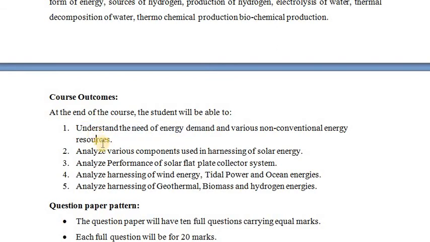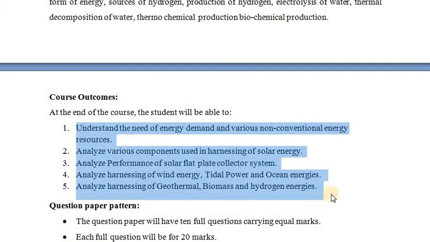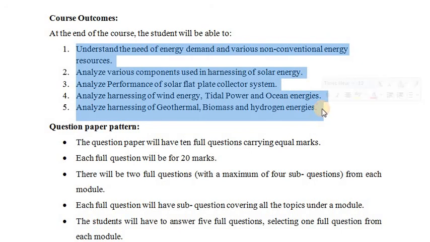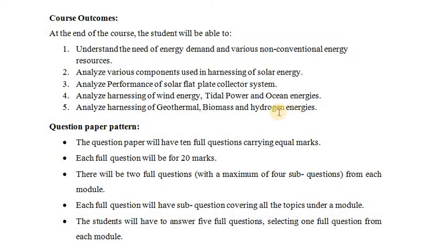Next, analyze the various components used for harnessing solar energy, analyze the performance of the solar flat plate collector system, analyze the harnessing of wind energy, tidal power and ocean energies, and analyze the harnessing of thermal, biomass and hydrogen energies. These are the 5 course outcomes that students will come to know by this course.